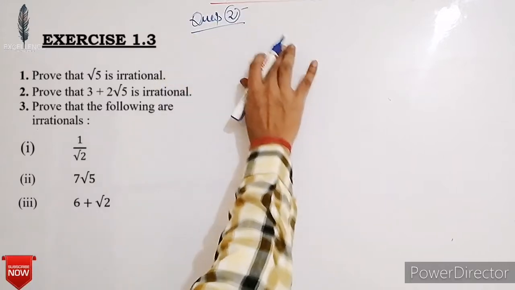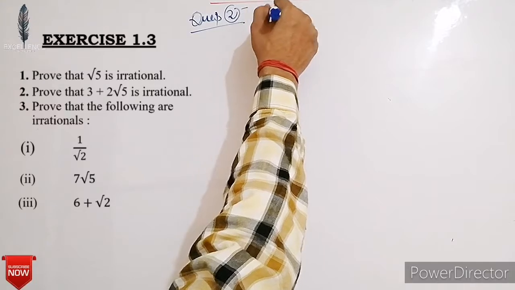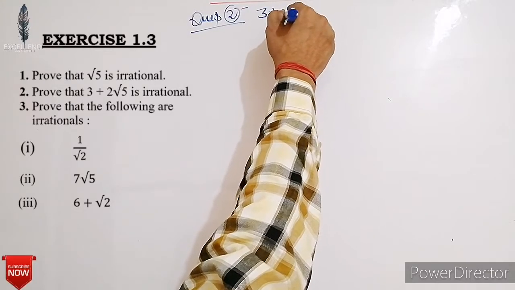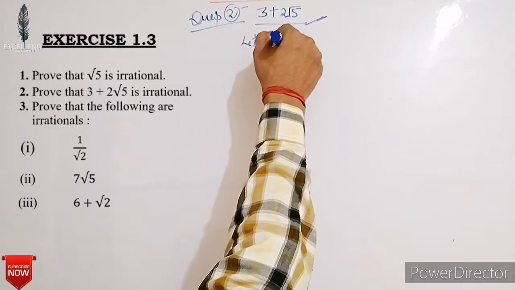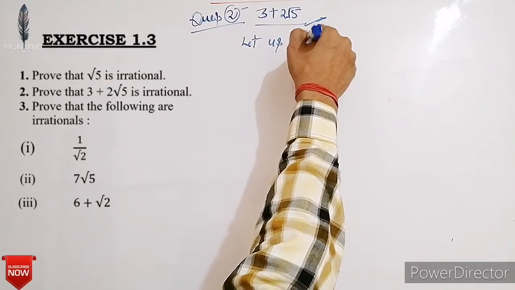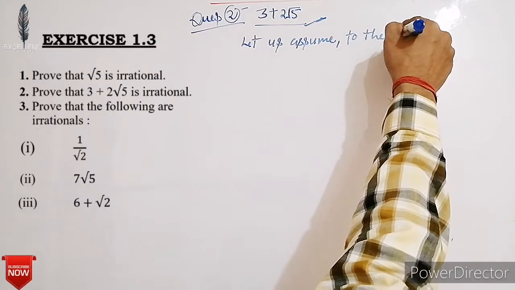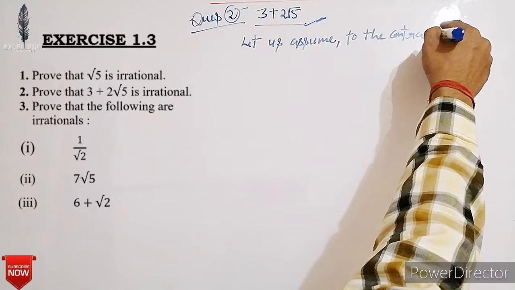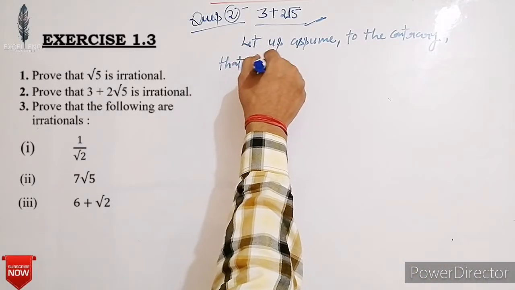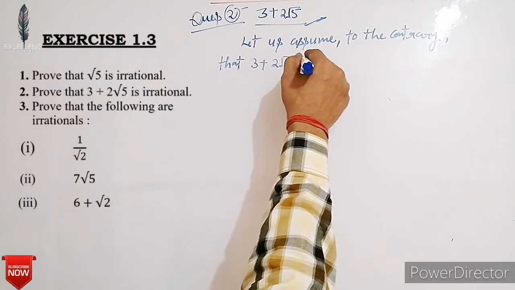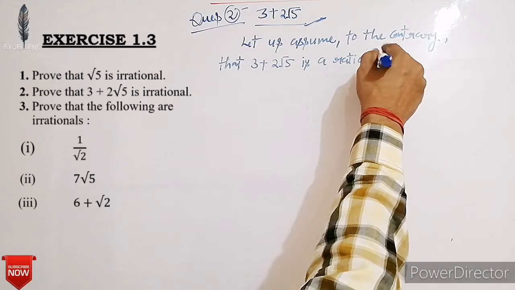Question number 2. Prove that 3 plus 2 under root 5 is irrational. So here 3 plus 2 under root 5. Okay. Let us assume to the contrary that 3 plus 2 under root 5 is a rational number.